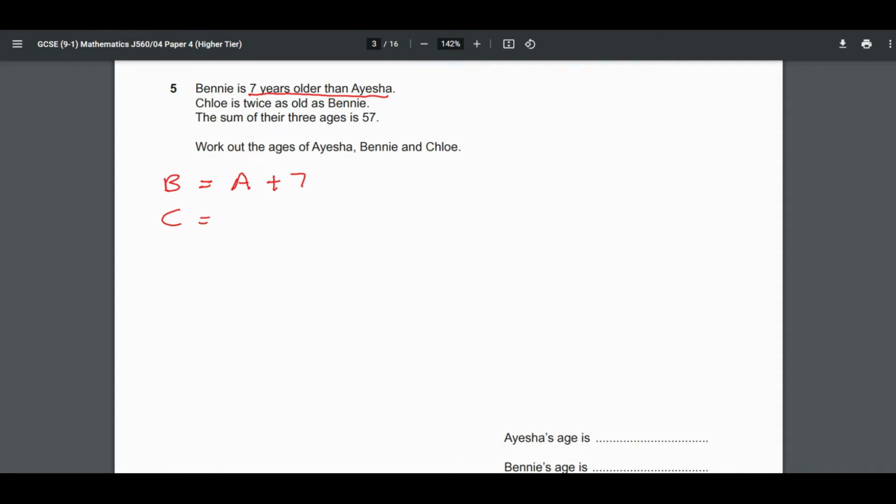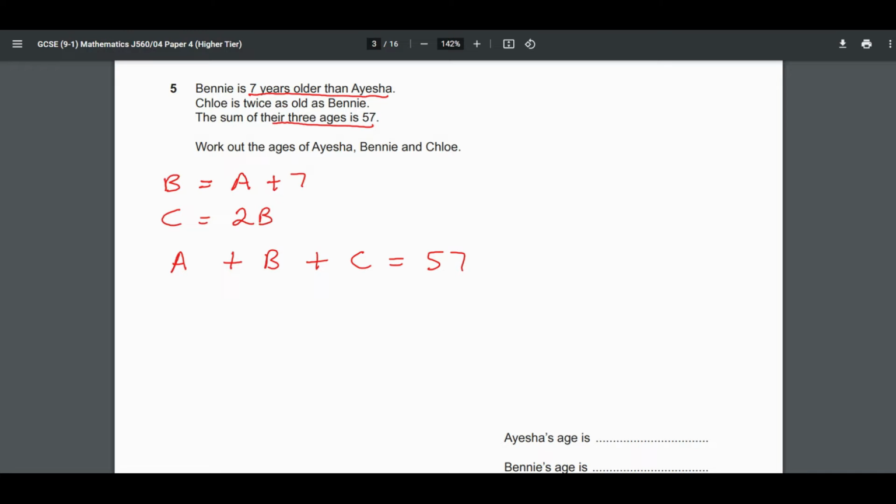Chloe, which I'll call C, is twice as old as Benny, so C is whatever Benny is times 2. Okay, so we're told that the sum of their 3 ages is 57, meaning that Aisha A plus Benny B plus Chloe C equals 57.